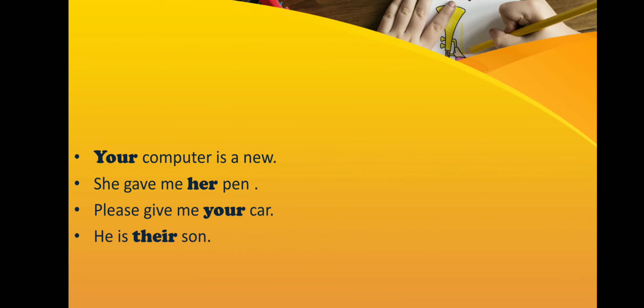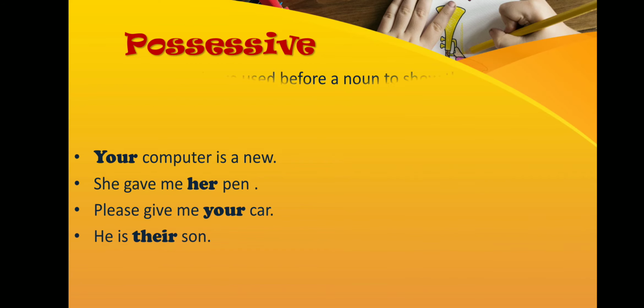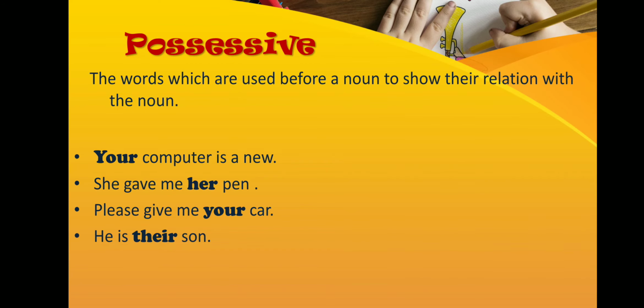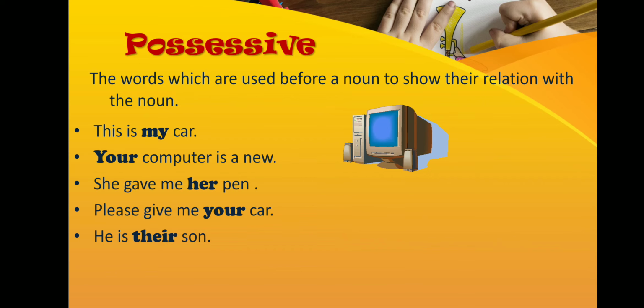Now, the second type of determiner, that is possessive determiners. What are possessive determiners? The words which are used before a noun to show their relation with the noun. The words that are placed before nouns are called determiners, but when they show relation with that particular noun, then we call them possessive determiners. For example, this is my car.